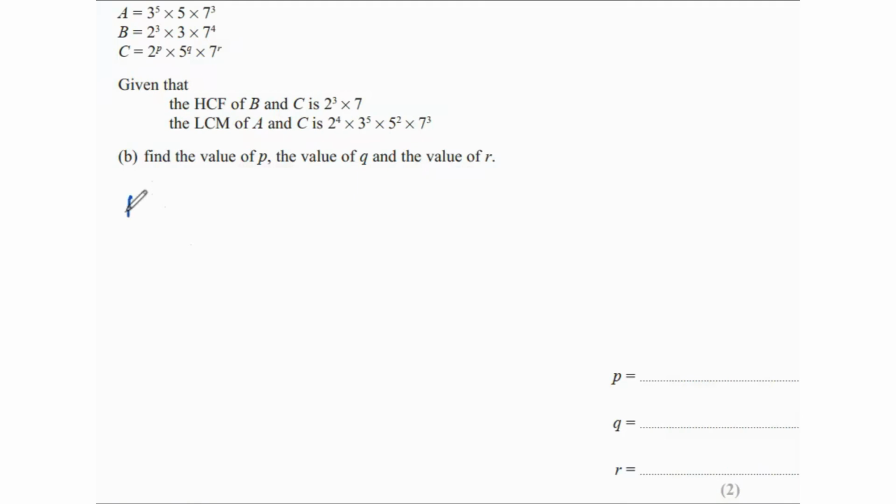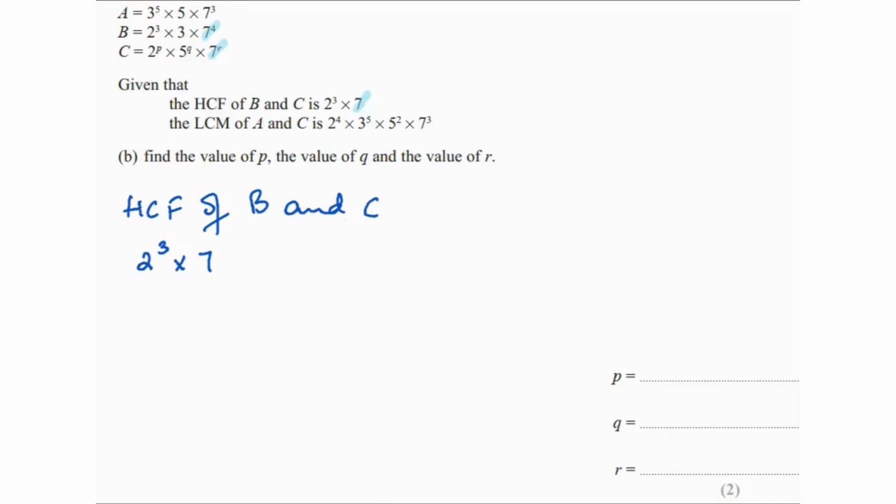We have to find the values of P, Q, and R. So for the HCF of B and C, we look at the common numbers. So common numbers are 2 and 7. Over here, they already said that the HCF is 2 cubed times 7. As we know, we look at the common numbers first, and then we look at the lowest common power. So for 7, it's 7 to the power of 4 and 7 to the power of R. Over here, they gave us 7, which means R is going to equal 1, because you look at the lowest common power.